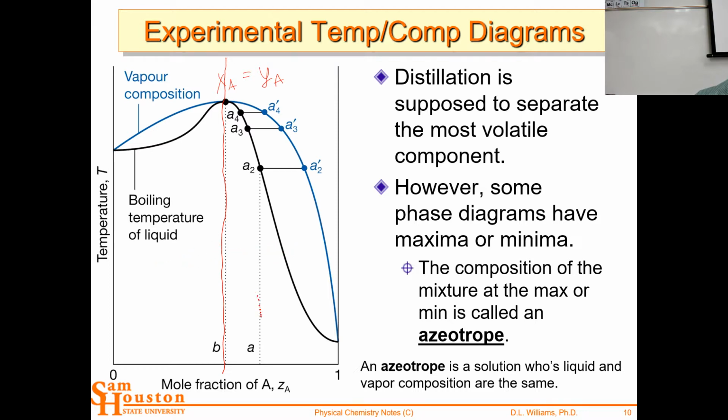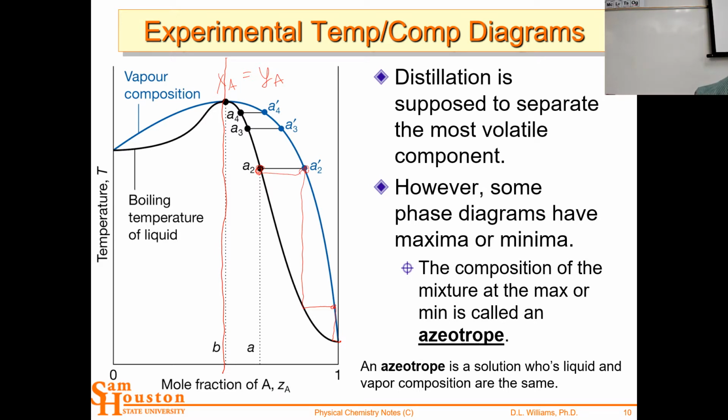And so if I start here at A and I boil this substance in a fractionating column, then something that's enriched in A is going to condense and reboil and condense and reboil. So I could collect some of that excess A in my collection flask, and the pot concentration would move to the left, towards the azeotrope.